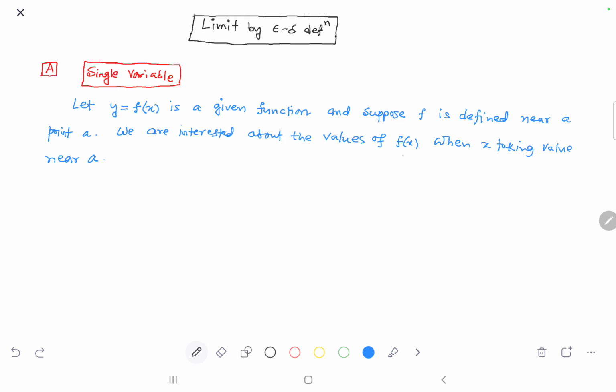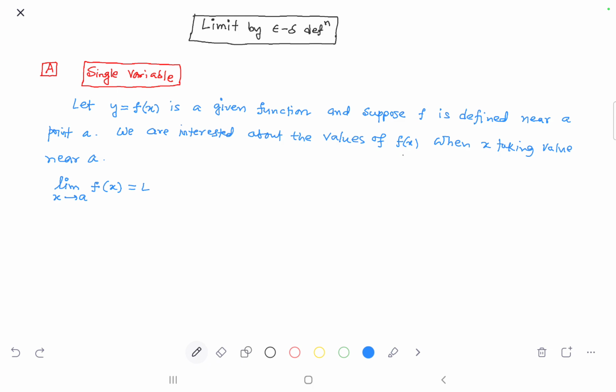So let me write here. We write limit x tends to a of f(x) equal to L. This means the function f(x) tends to L as x tends to a along the real line.